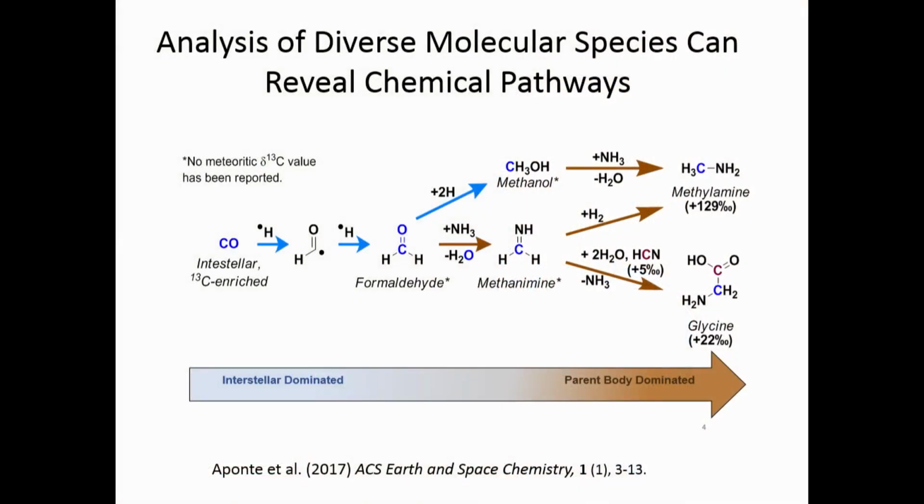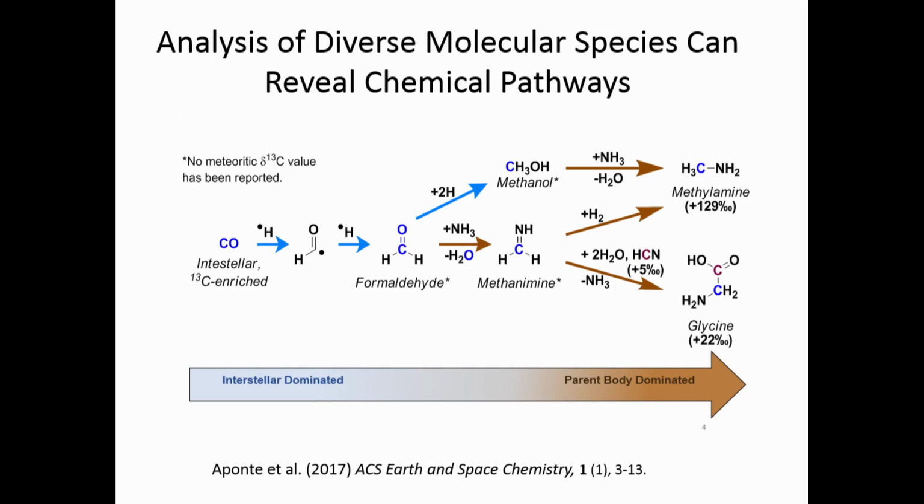And here's an example. The specifics of this aren't exactly important, but it's an example of how studying different kinds of compounds might help us to understand chemical formation pathways. So here's some potential reactions that could lead from interstellar material, some of the things we heard about yesterday and earlier, leading all the way to some more complex molecules like glycine and methylamine, which have been found in meteorites.